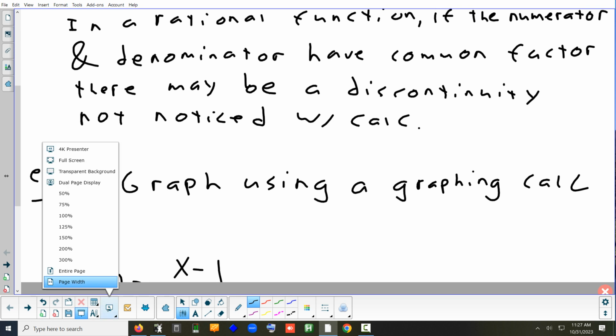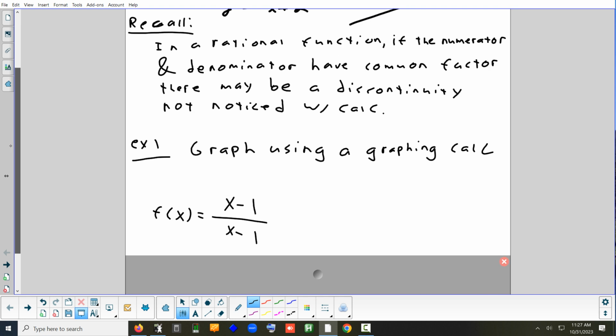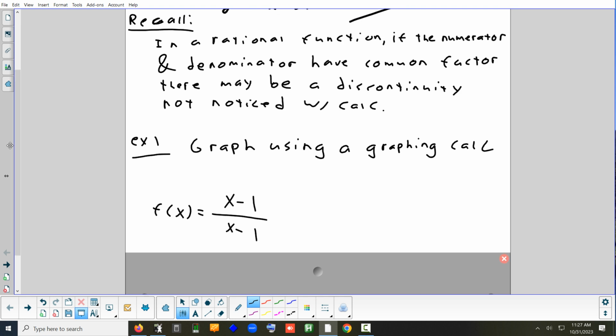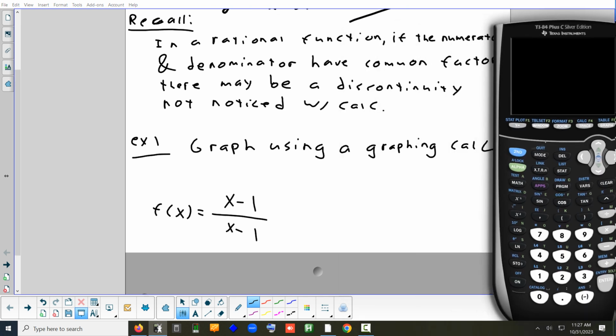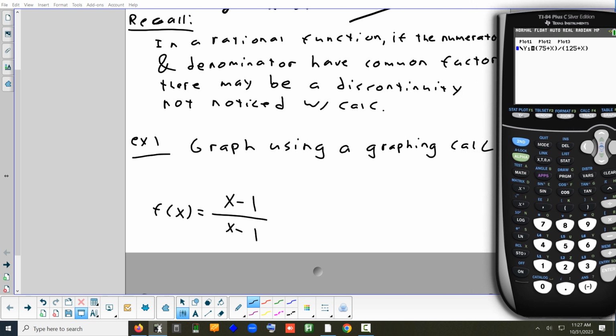All right, let's try graphing something. I'm going to put in x minus 1 divided by x minus 1. Okay.